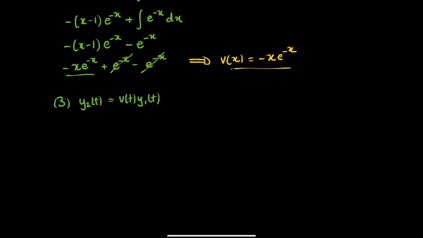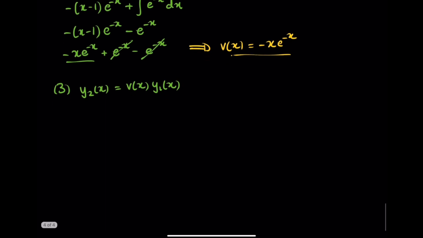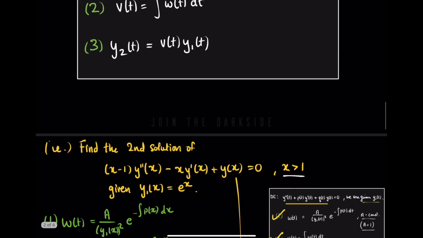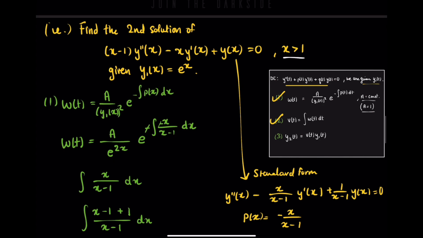And if we write this in terms of x, just to be more clear, y2(x) is equal to v(x), and v(x) is minus x e to the minus x, like so, and y1(x), all the way up here, was e to the x.